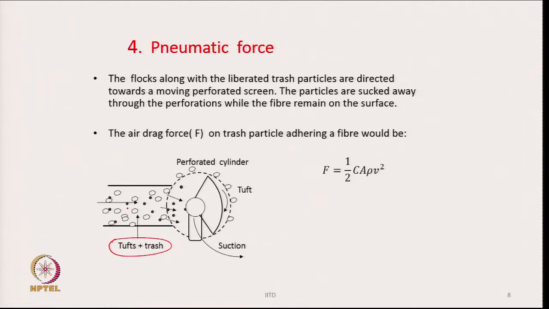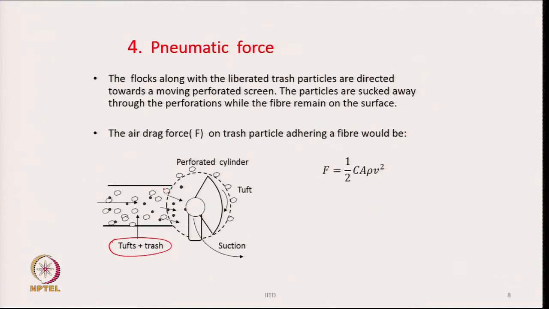So, what will happen? The particles are sucked away through the perforations, while the fibers remain on the surface, because the fiber tufts are larger in size in comparison to the size of the perforations.